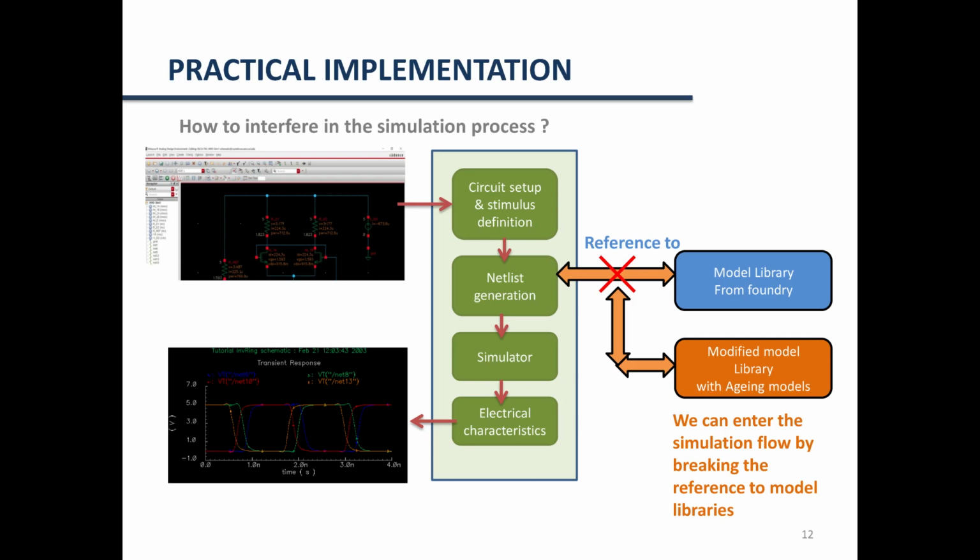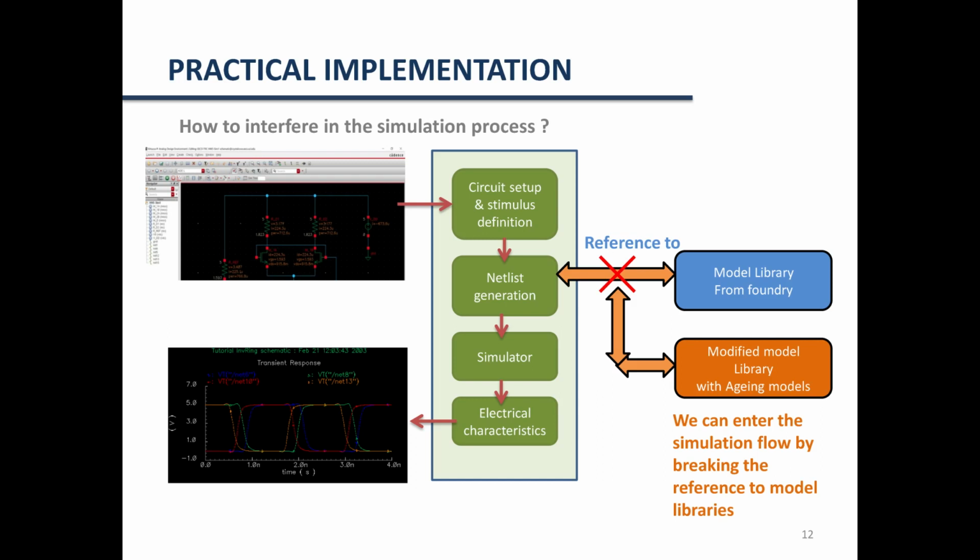The software then generates a netlist, which is passed on to the simulator, and the simulator gives electrical characteristics that you can again display in the graphical environment. This is interesting, but the point is that this is more or less a black box, and it's very difficult to interfere in this simulation flow.